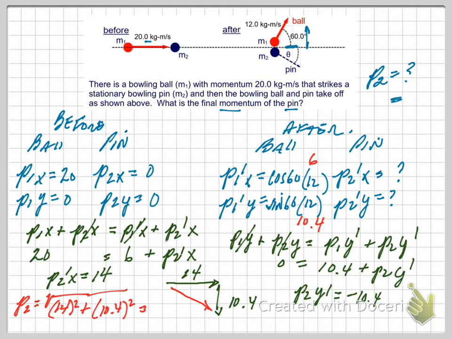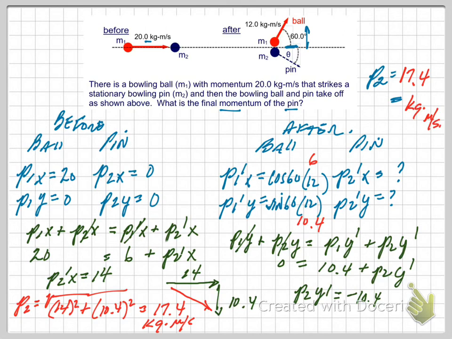And when you do the little bit of math, we come out with 17.4 kilogram meters per second. So our momentum for P2, we solved and got 17.4 kilogram times meters per second.